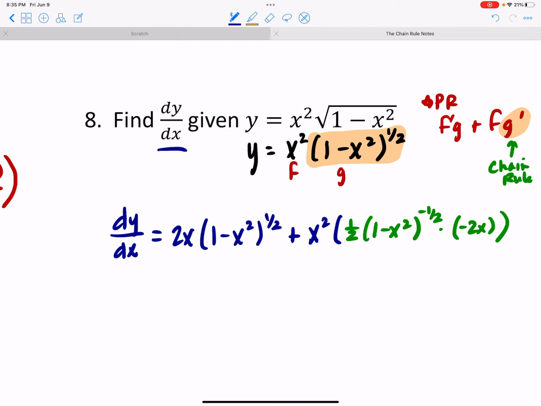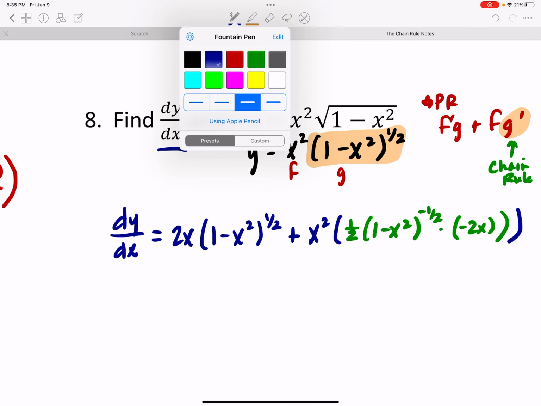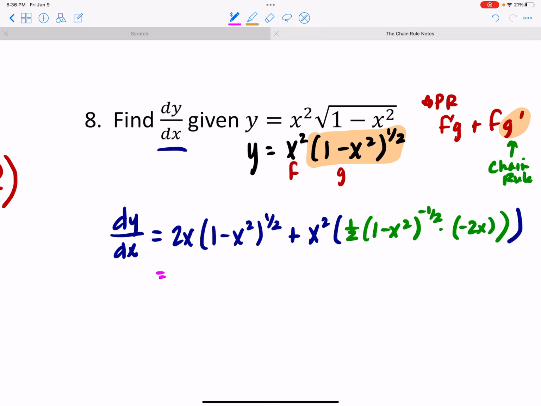And now I have this monstrosity to try to clean up a little bit. Okay, so let's try to do that. Let's try to clean this thing up. So this is, let's see, 2x times, I can go ahead and make this the square root of 1 minus x squared again, plus I have, let me leave this alone for a second.